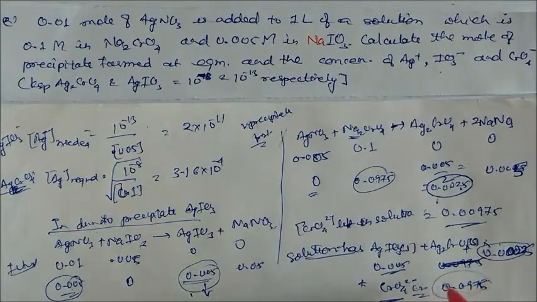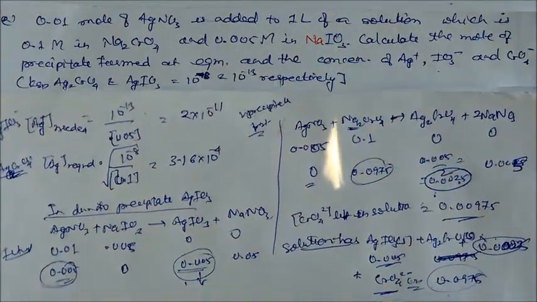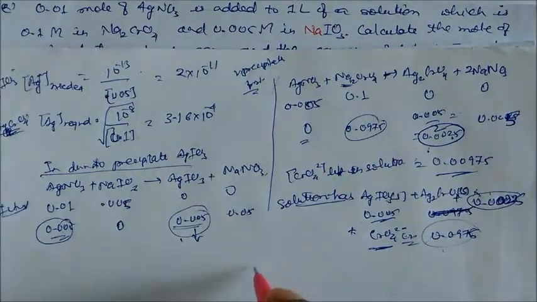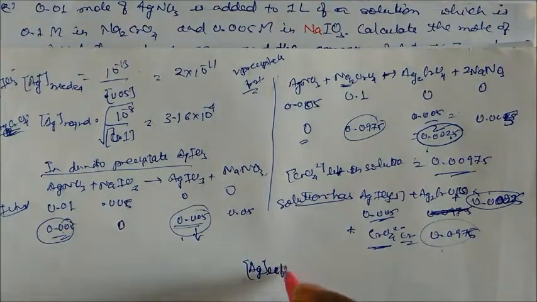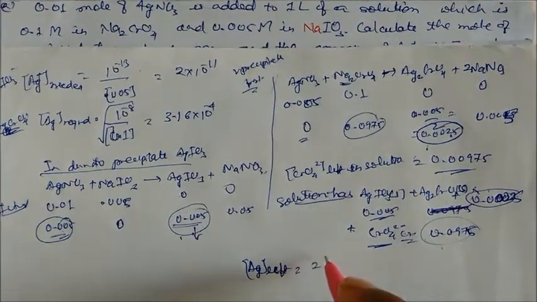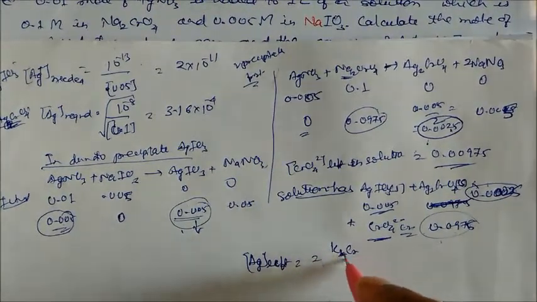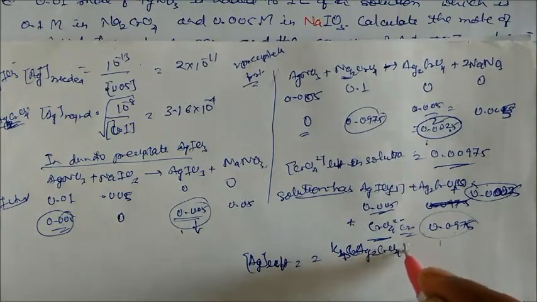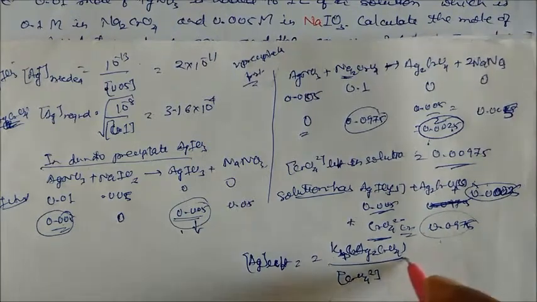Okay, now how much silver is left in the solution. To find the silver left in the solution, we can write the Ksp of Ag2CrO4 divided by the CrO4 2 negative concentration, and we will get the answer.